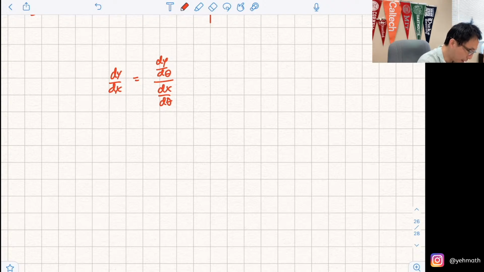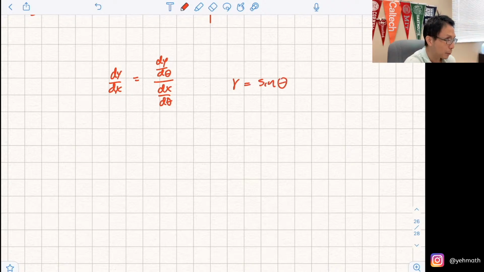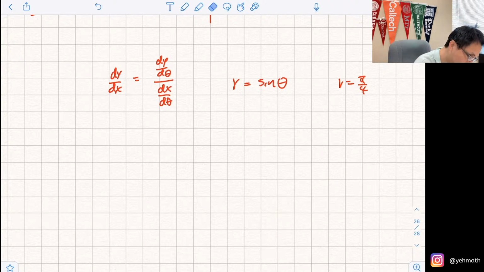So now you can find dy/dx. I'm going to give you something like r equals sine theta, and we say, can you find the slope when theta is pi by 4?